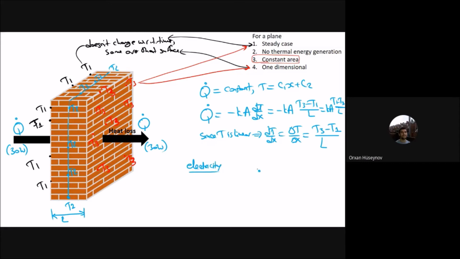In electricity flow, I have a voltage here, V1, a resistance here, R, and a voltage here, V2.